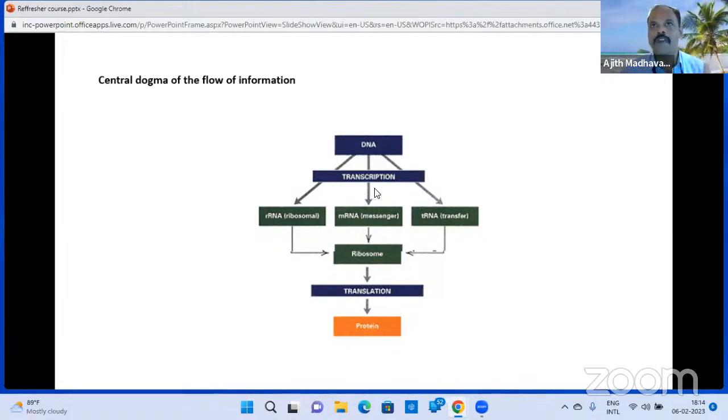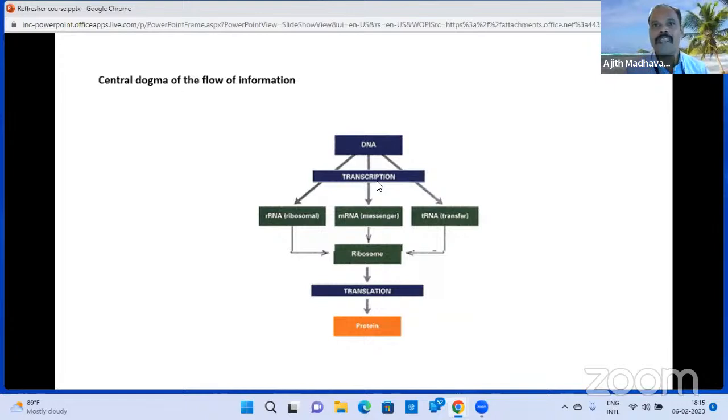So the process itself is called transcription. In this case, the DNA information is written into RNA information. The DNA and the RNA are in fact close cousins, chemical cousins, I would call them. They only differ by an extra OH group in the case of the nucleotide that goes into making the RNA molecule: at the second carbon of the sugar, you have an extra OH.